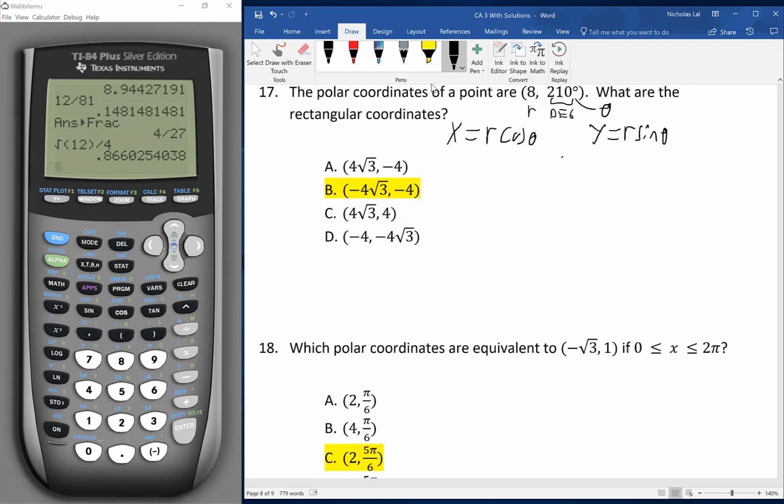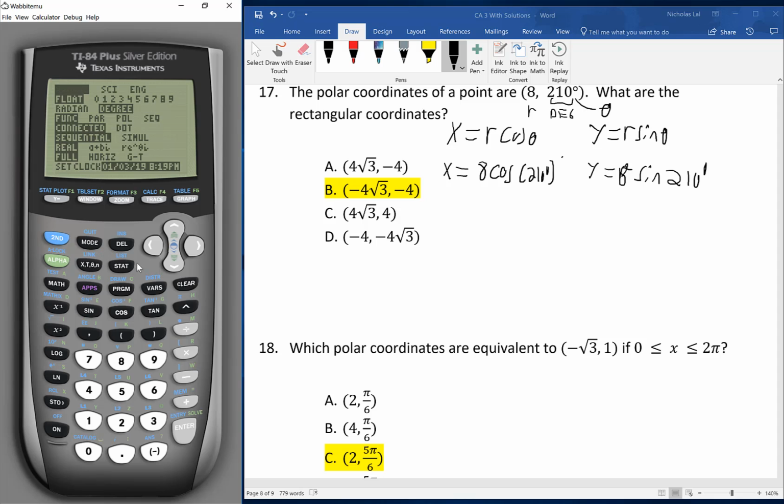So x is equal to 8 times the cosine of 210 degrees, and y is equal to r times the sine, 8 times the sine of 210 degrees. So let's make sure we are in degree mode. We are. 8 times the cosine of 210 degrees.